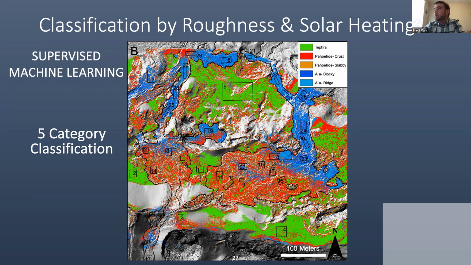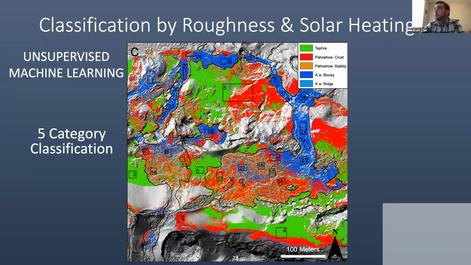And then the unsupervised machine learning, again, deviates significantly from the manual and supervised in that instead of splitting the Pohohoi into multiple categories, it splits the tephra into 2 different categories, in green and red here. This is based on the slope of the terrain in the deposit area, and also whether or not the deposit was sun facing, so how quickly it heated up.